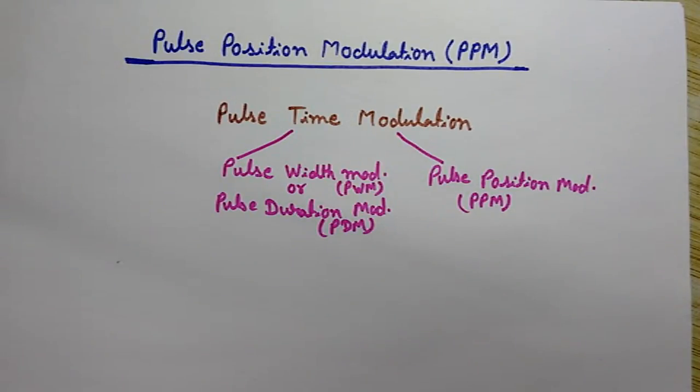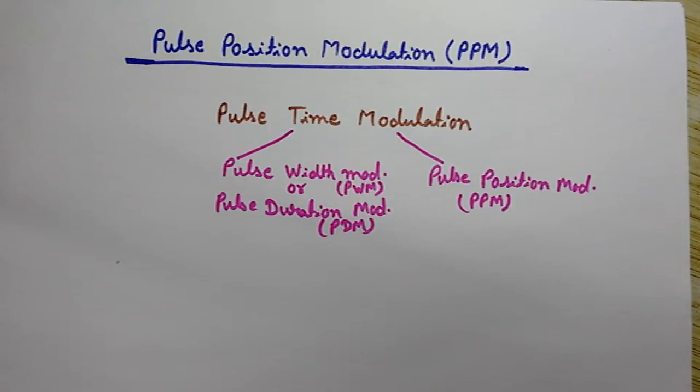In a similar way, in pulse position modulation, the position of the pulses is varied on the time axis in accordance with the message signal, that is the modulating signal. The message signal and modulating signal are the same thing. So we can say PPM is nothing but a type of pulse time modulation.